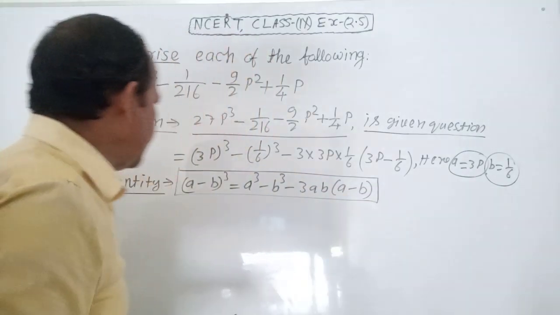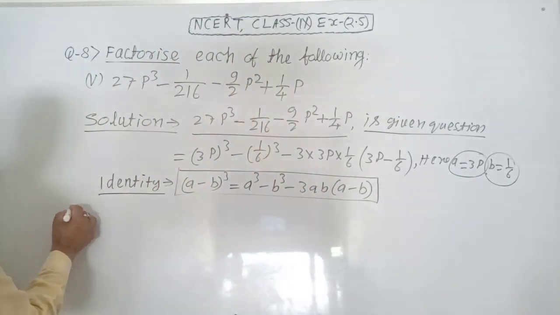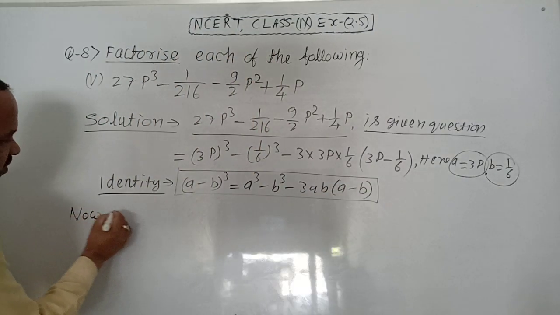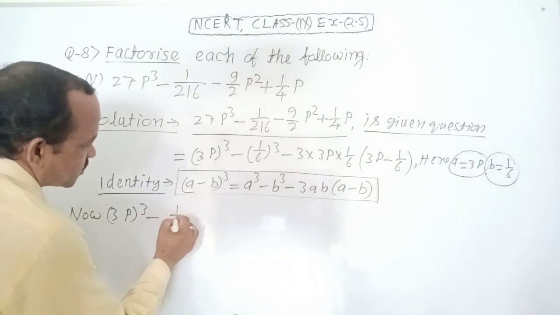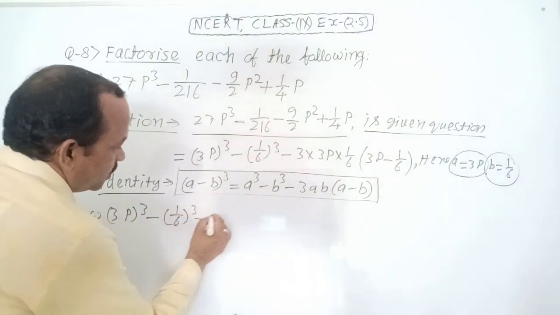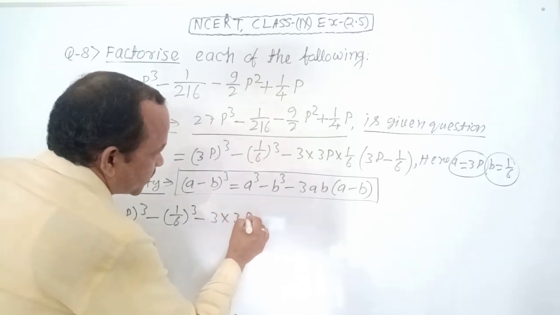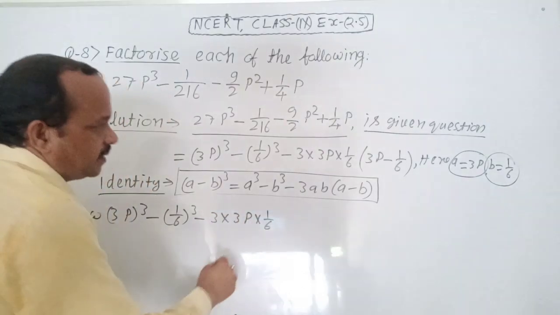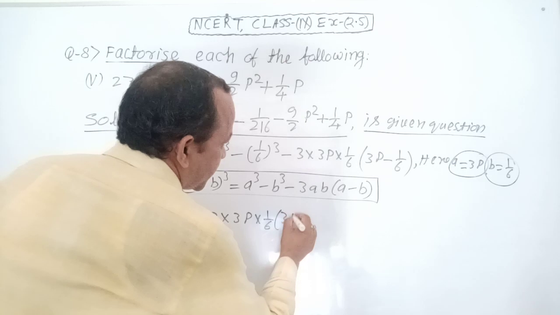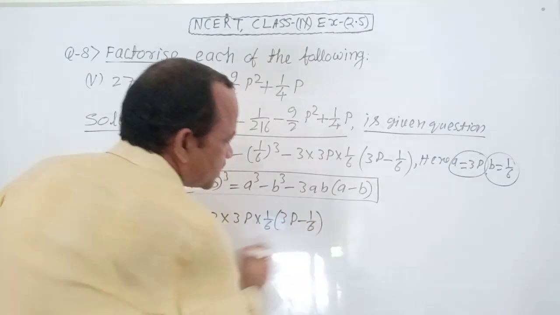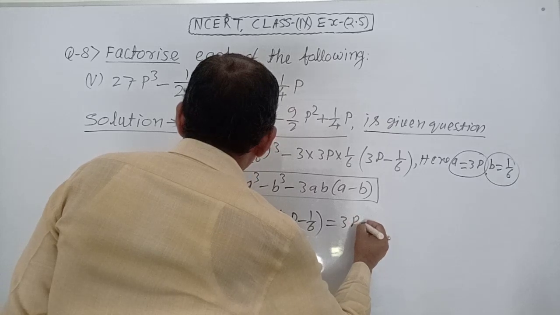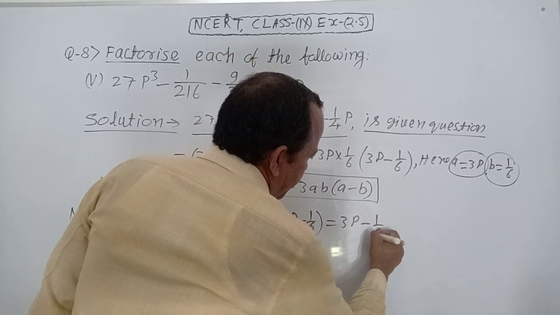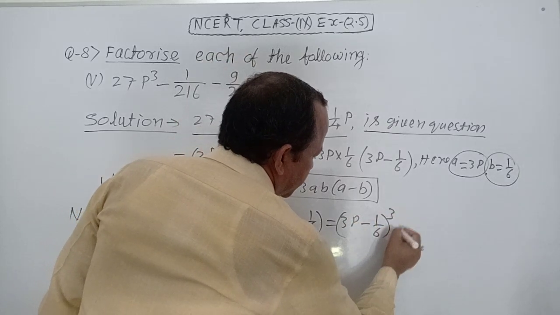So you can write it now: (3p) whole cube minus (1 by 6) cube minus 3 multiply 3p multiply 1 by 6 (3p minus 1 by 6) equals (3p minus 1 by 6) whole cube.